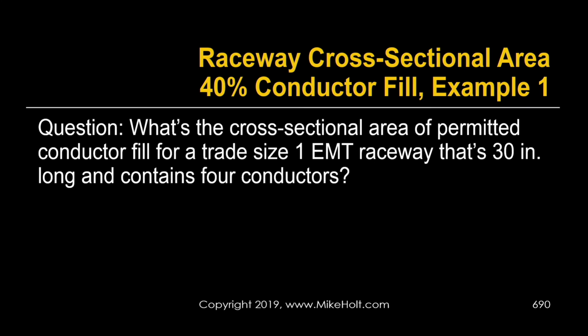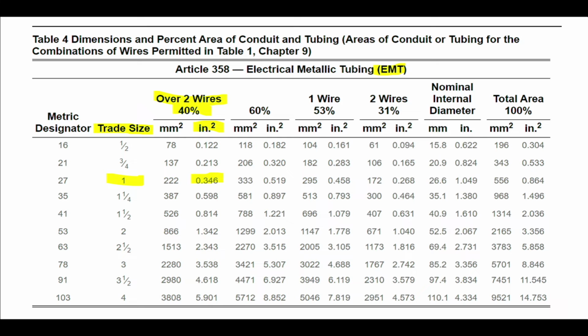So what we're going to do is we're going to find our EMT, and then we're going to go to our 40% column, and we're going to go down to 1 inch, and it says 0.346, right? And so that can be filled 0.346 square inches in cross-sectional area.